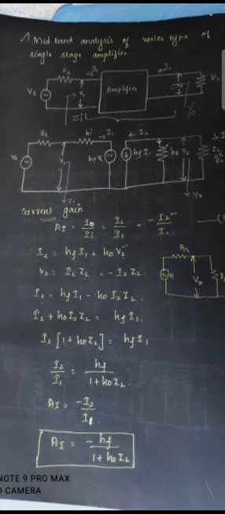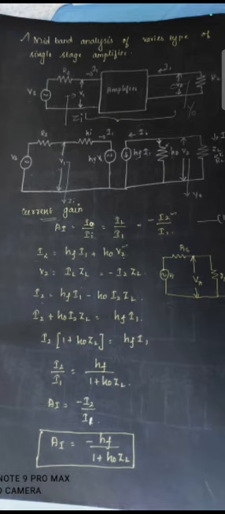The general formula V equal to IR, right? So IL into ZL, that is minus I2 into ZL. ZL or RL both will be same. Now substitute this V2 in the I2 equation. I2 is equal to HF I1 minus HO into I2 into ZL, right?